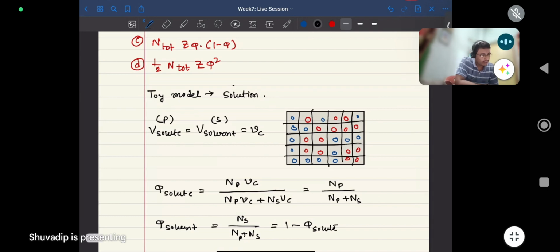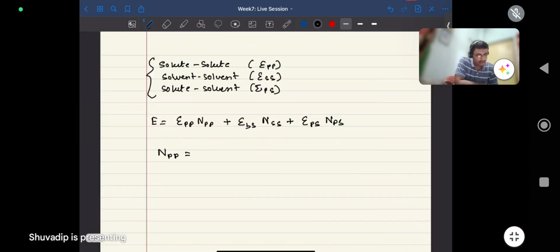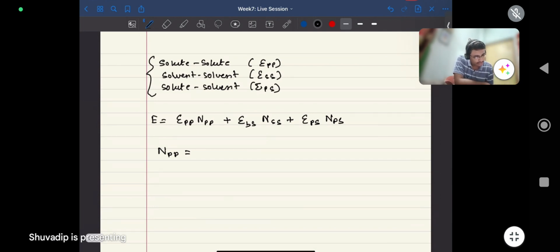Suppose z is the coordination number, then the number of pairs will be given by phi into z into phi into N total, which is Np plus Ns, into half.